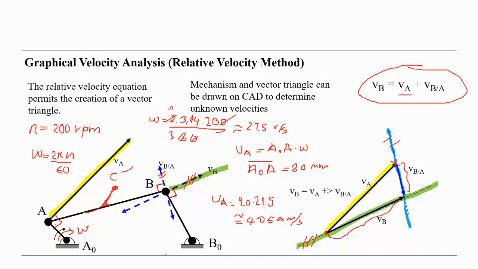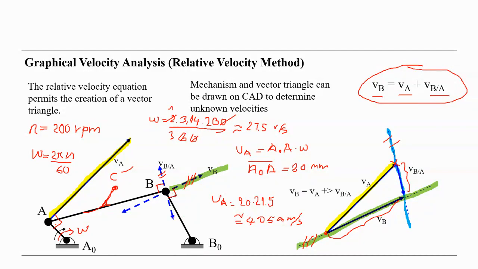But we are interested to calculate the velocity of B, or velocity of B about A, the tangential velocity. So we know the direction of the velocity of B and the velocity of BA. The velocity of B, direction-wise, must be perpendicular to B0B, but we don't know the magnitude, we have to calculate.